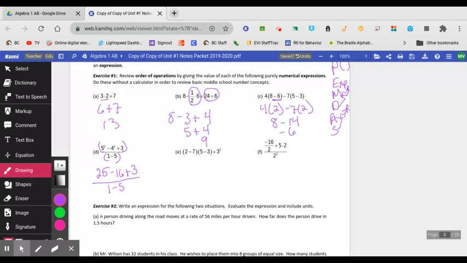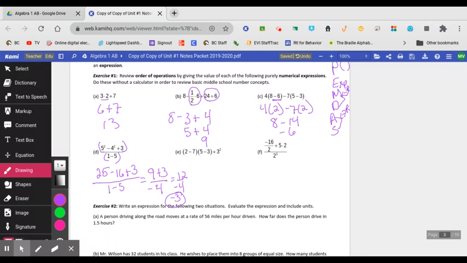Now I'm going to do all adding and subtracting in order from left to right in the numerator. So 25 minus 16 is 9, plus 3, over 1 minus 5 is negative 4. So that's 12 over negative 4, which is negative 3. Because again, a fraction bar is really just division.